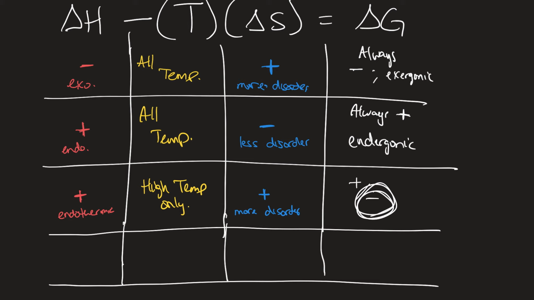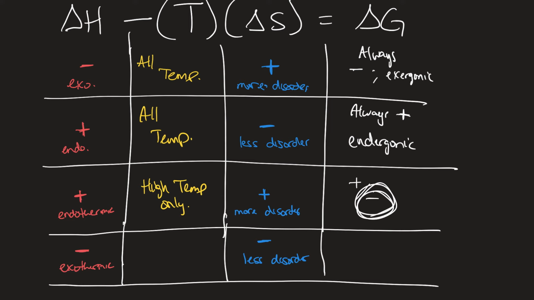And so the opposite is also true. So if your delta H is negative, meaning that it's an exothermic process, okay, and then your delta S is also negative, meaning that it's less disordered. So the process is becoming more and more ordered, less chaotic. All right.